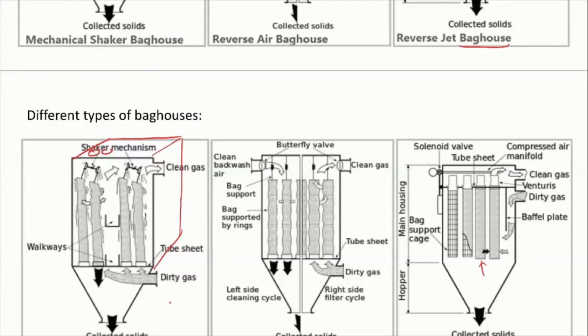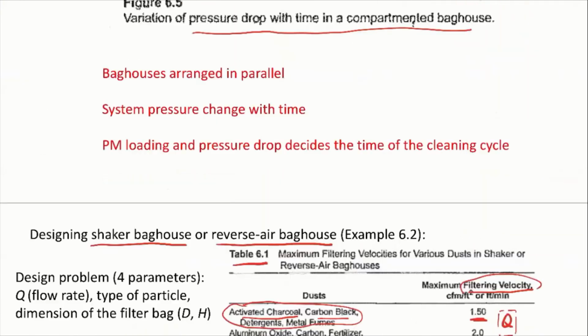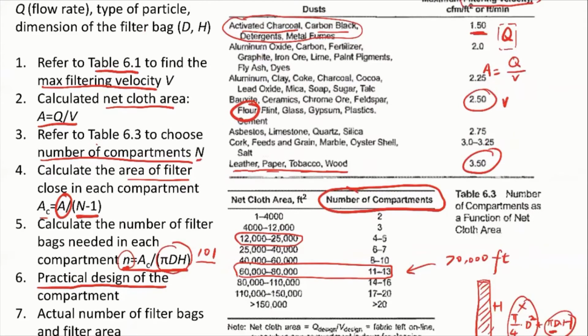There are multiple rows and columns of filter bags in the system. So if it's 101, a prime number, the only way to accommodate 101 filter bags is just to build a long column of the compartment and let it be a straight line here. And this is very impractical, right?